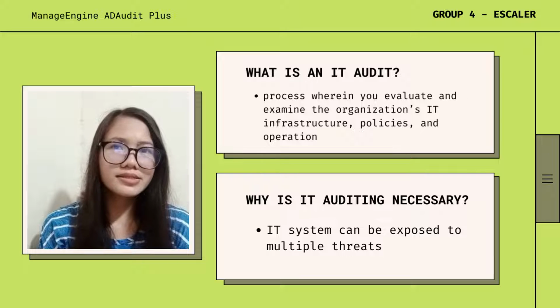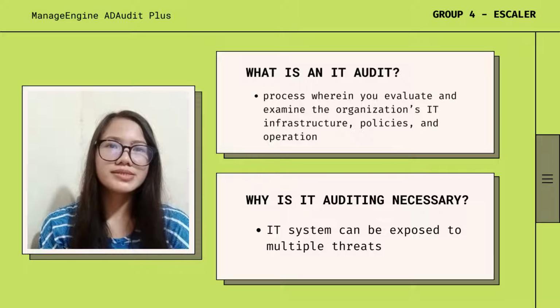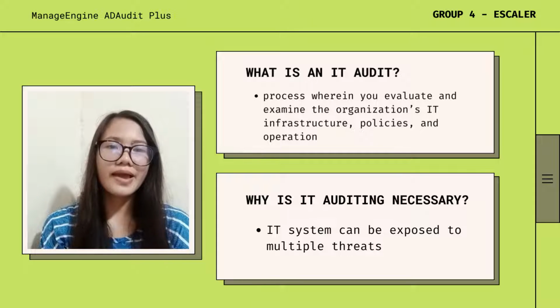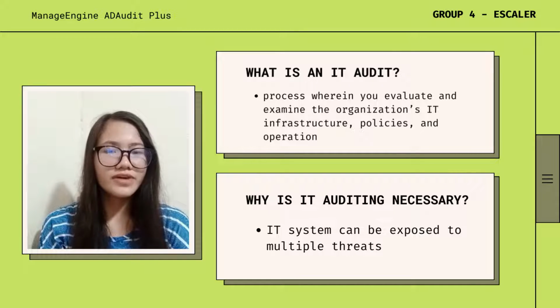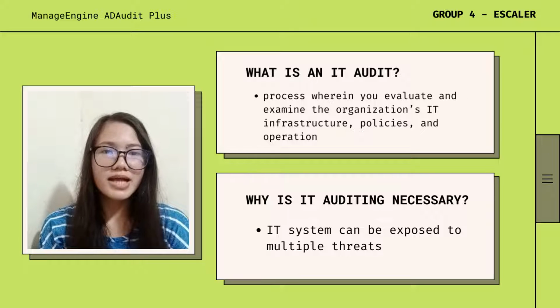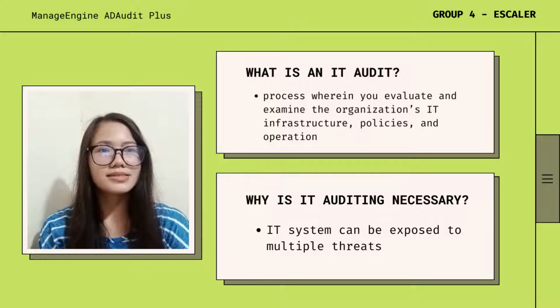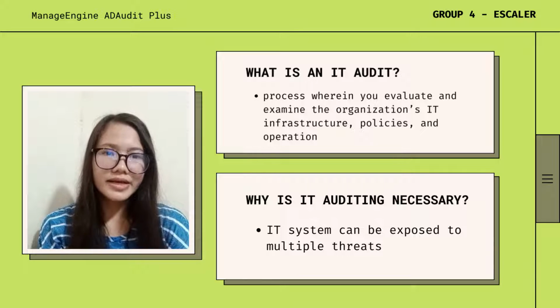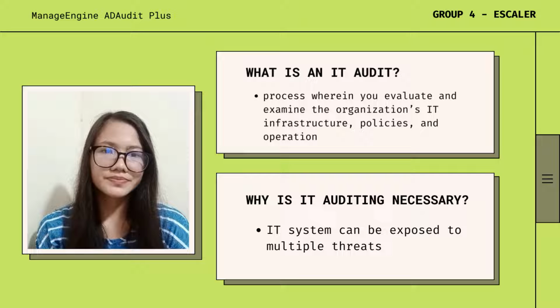An IT audit is essential to ensure that your system is not vulnerable to any threats or attacks. So the main objective of an IT audit is to evaluate the availability of computer systems, the security and confidentiality of the information within the system, and whether the system is accurate, reliable, and timely.